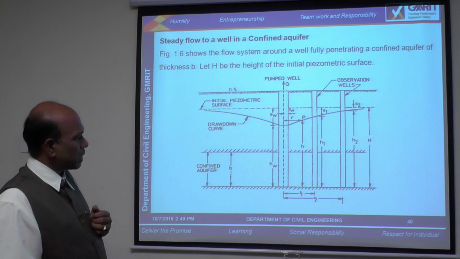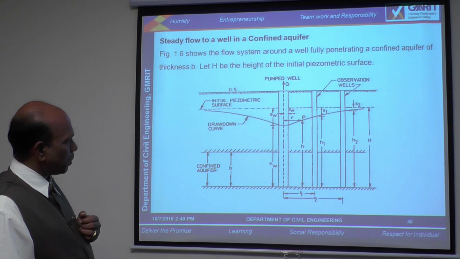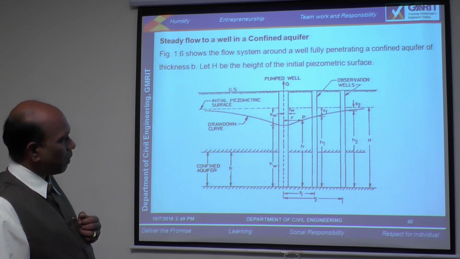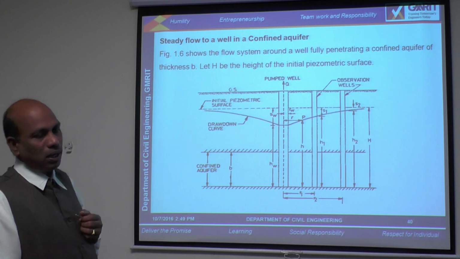In the case of observation well number 1, H is equal to H1, that is from this point to the bottom, plus S1, then S1 is equal to capital H minus H1. Like that, in the case of observation well number 2, H is equal to H2, this point to this point, plus S2, then S2 is equal to H minus H2.